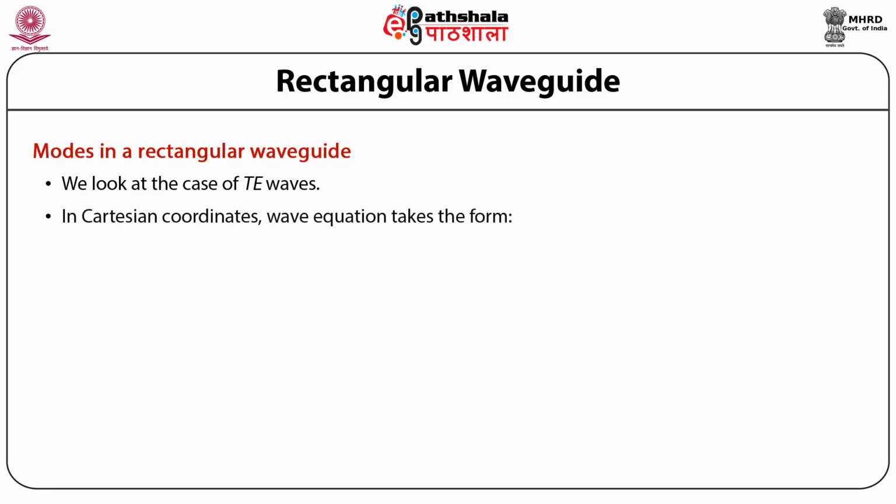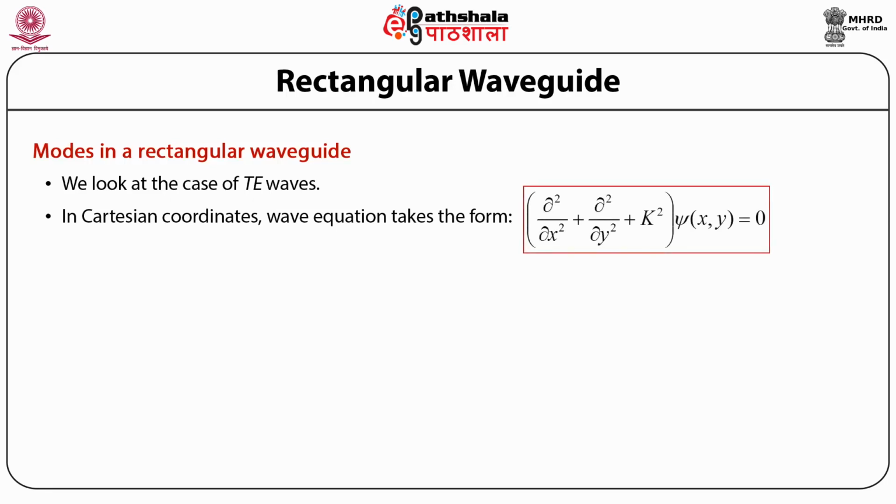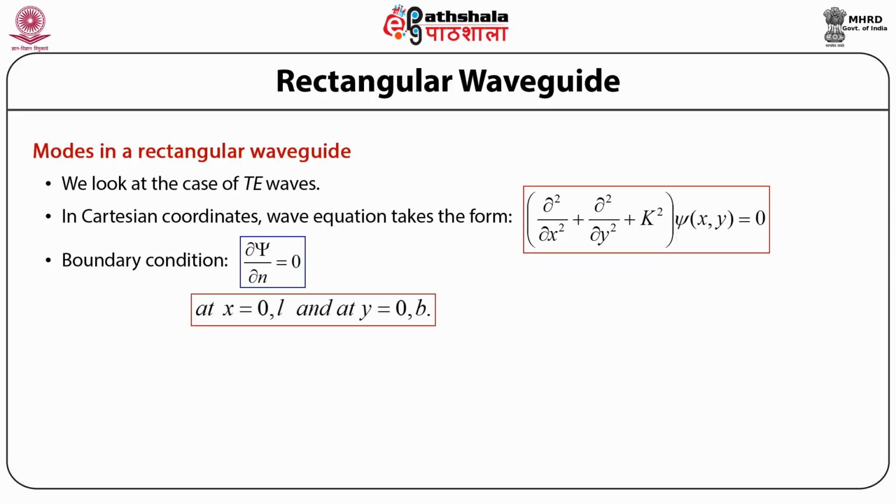Considering Cartesian coordinates, the wave equation for the transverse electric wave takes the form: bracket open del 2 by del x2 plus del 2 by del y2 plus capital K square bracket close acting on the wave function psi as a function of x and y is equal to 0, with the boundary condition that the partial derivative of the wave function with respect to the unit normal, that is del psi by del n, is equal to 0 at x equal to 0 and x equal to L, and at y equal to 0 and y equal to b, where x equal to 0 and x equal to L define the boundary conditions of the x-axis, and y equal to 0 and y equal to b define the boundary conditions of the y-axis.